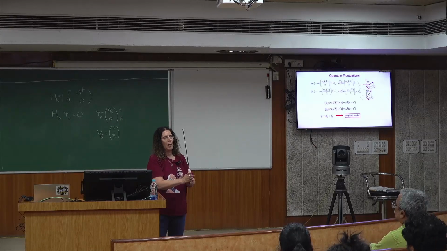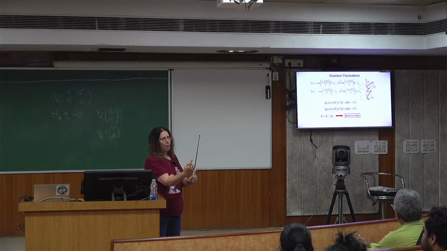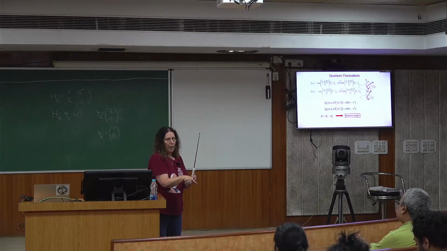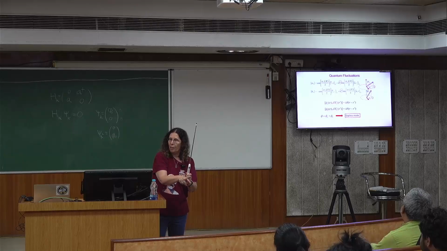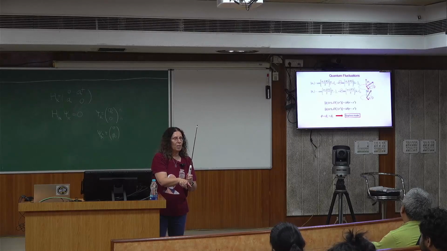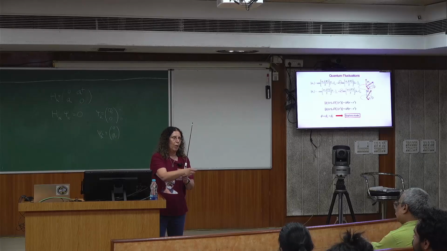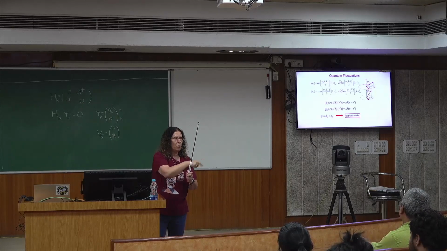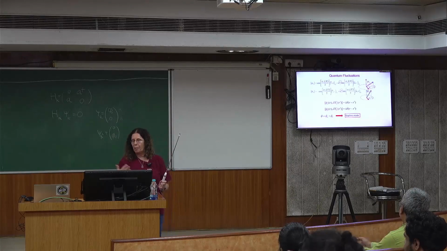So there is a canting where the z direction is dictated by the magnetic field, but the xy plane is completely symmetric. Okay, so there is a Goldstone mode that is a gapless mode associated with rotation in the xy plane, and that gapless mode is kind of a gapless spin wave.